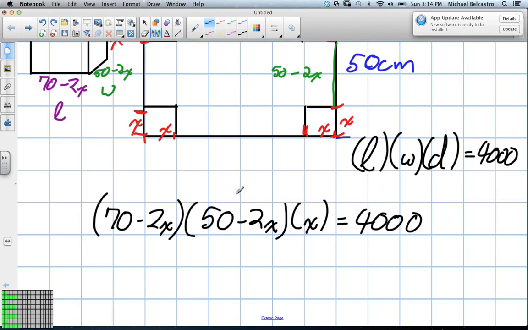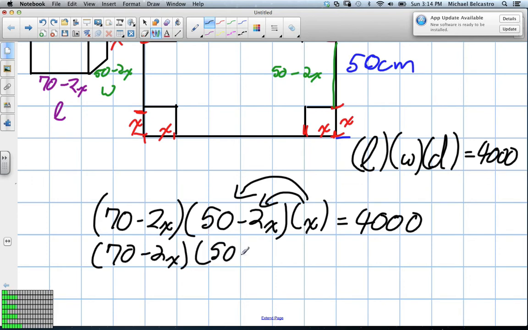Okay, well, we're going to distribute all of these to figure out what they are. Because it's multiplication, I can technically do it in any order. So this will be 70 minus 2x, and this will end up being 50x minus 2x squared is equal to 4,000.